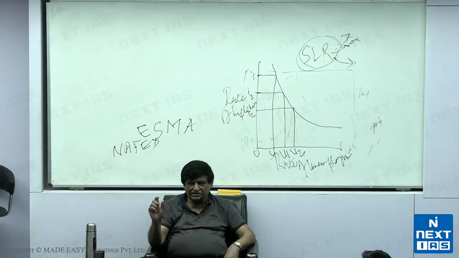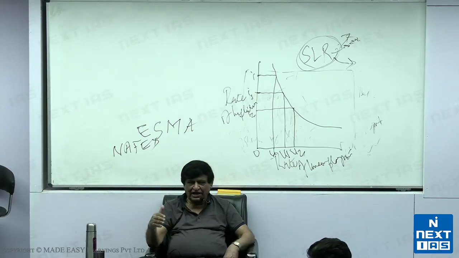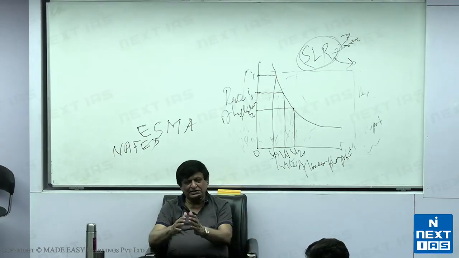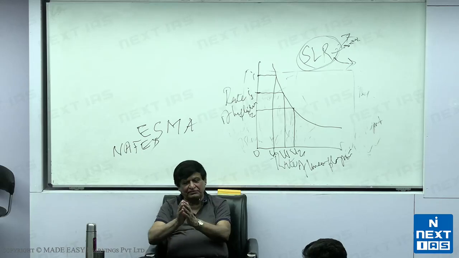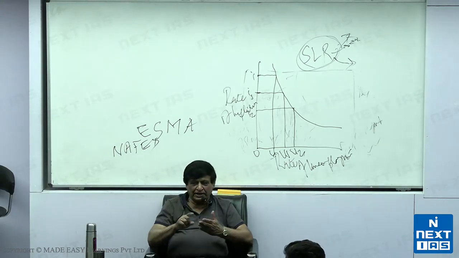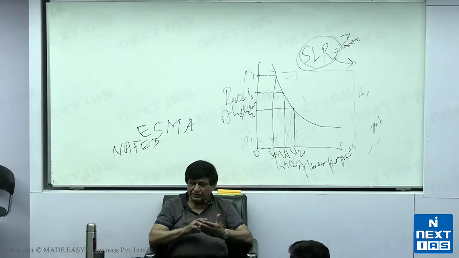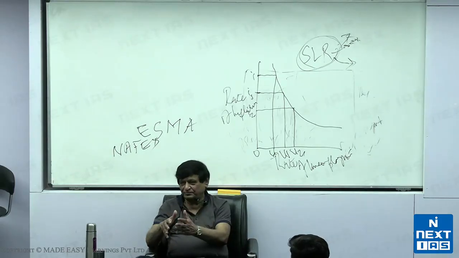So, fiscal stimulus package means you are stimulating the economy on the one hand by reducing tax rates and increasing expenditure. And monetary stimulus package means interest rates are kept low and more credit and money supply is given to boost demand. Because the biggest casualty in a situation like the pandemic was the fall in demand.